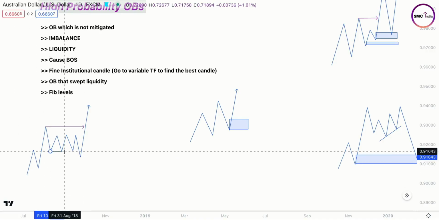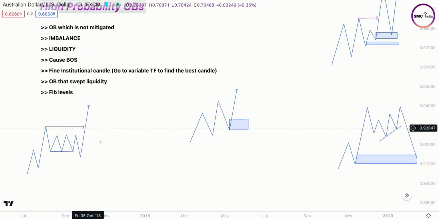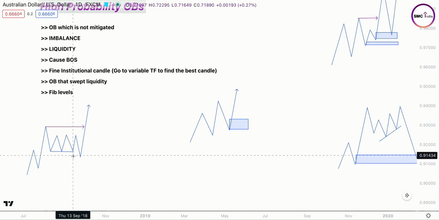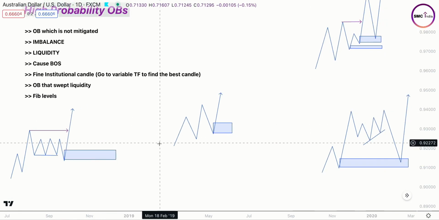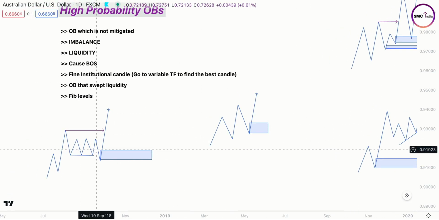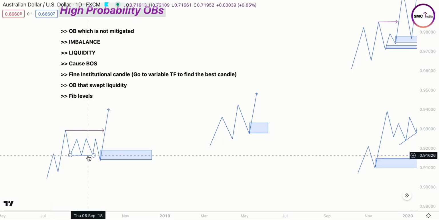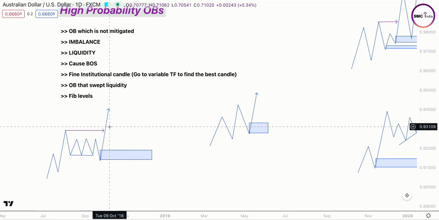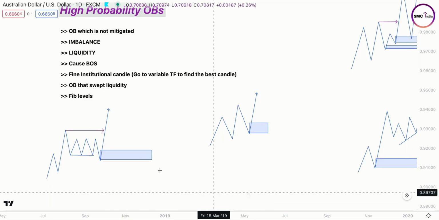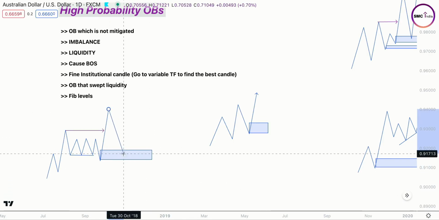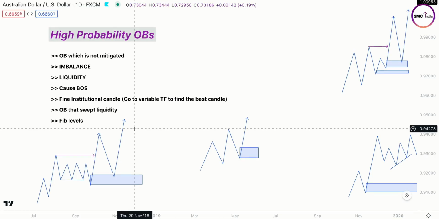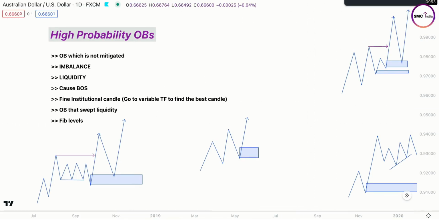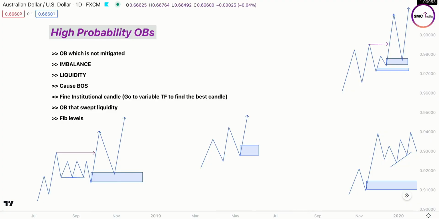Here you could see that the price swept all these liquidities up here, gives a spring and shot up again. So this is a very valid order block, because before this massive move up, it swept all these liquidities, grabbed the money here and then shot up again. So there is a high chance that the price is going to retrace back to this order block and give a massive move up.